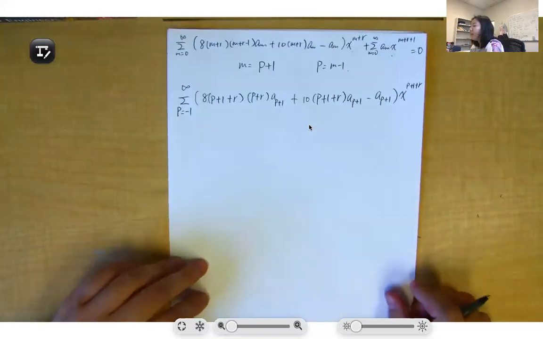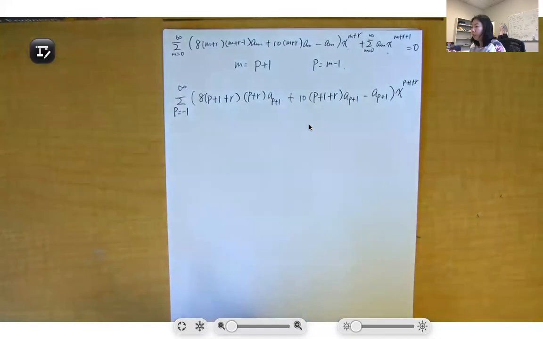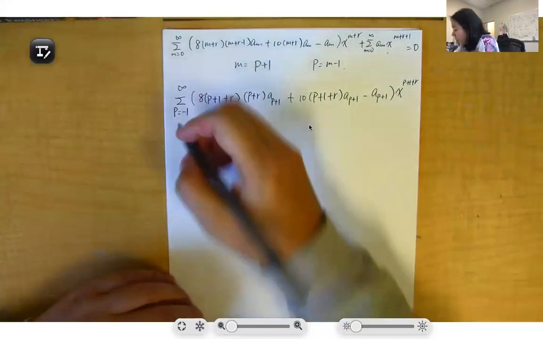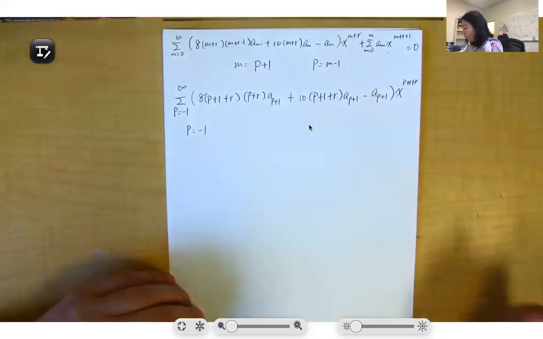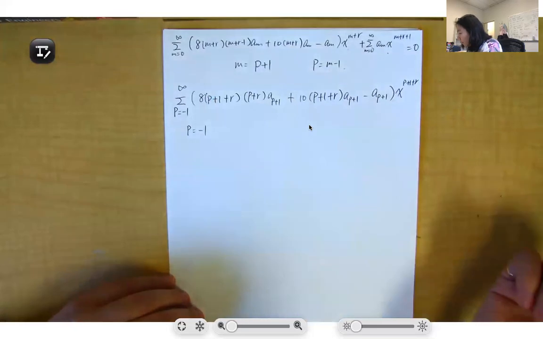Then let's separate p equals minus 1 and then p equals 0 and above.